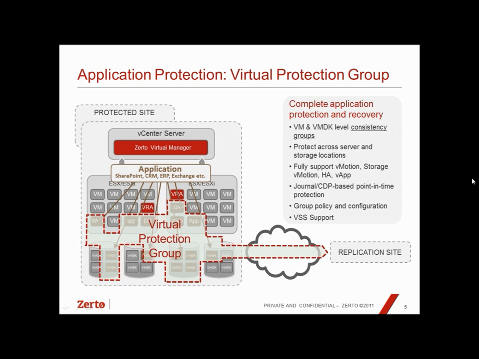Additionally, besides being the consistency group functionality, the VPG is also the organizational container for your application. But it's a really key architectural point to maintain that consistency and recovery.